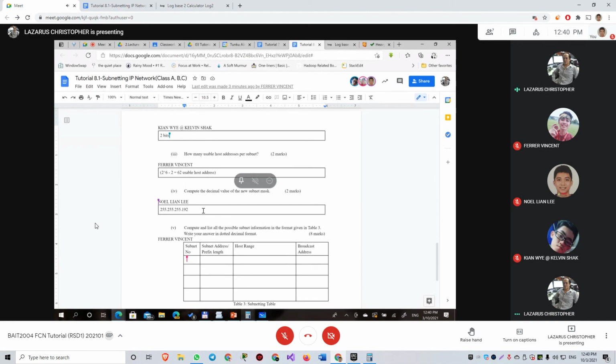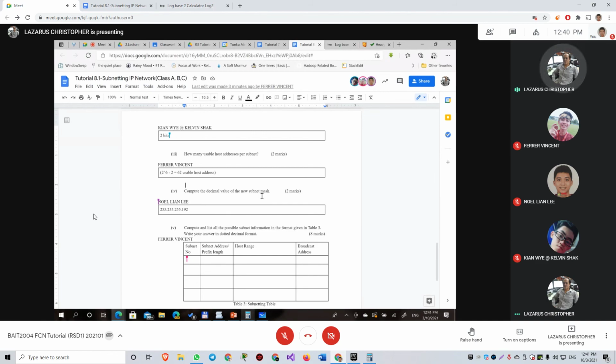So once we have borrowed 2 bits, 24 plus 2 is, sorry, 26. In order to compute the subnet mask, you have to look at the binary part.